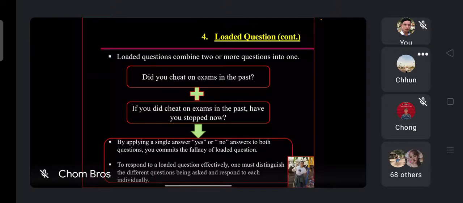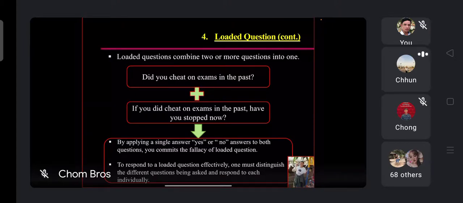Such as the cheating question: have you stopped cheating on exams? Maybe you never cheated on exams. So you want to answer no, but that simple answer isn't enough. You would have to say, no, I never cheated on any of my exams.